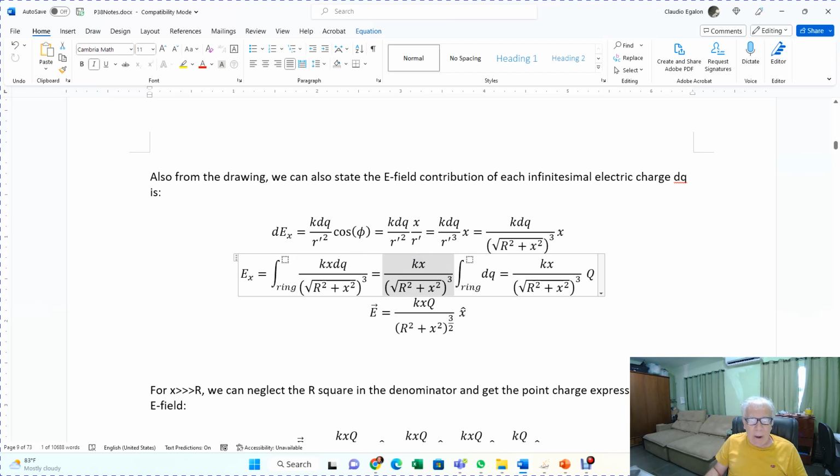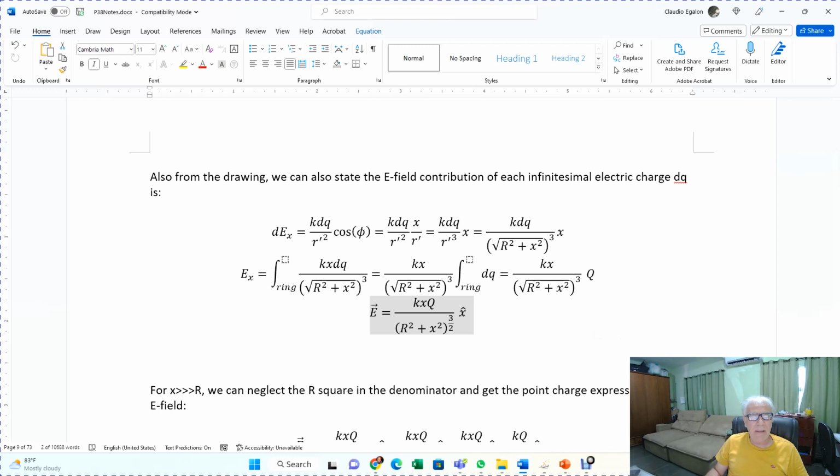Now we are left with the simple integral over the dq of the ring. There is no integrating variable whatsoever there, because r prime is a constant. When we take this integral, we get the net charge of the ring, that's Q, and we finally get this final result for the ring.